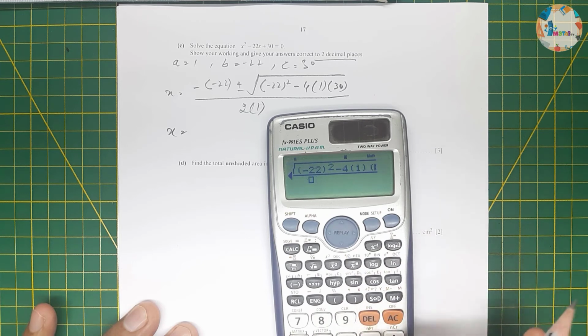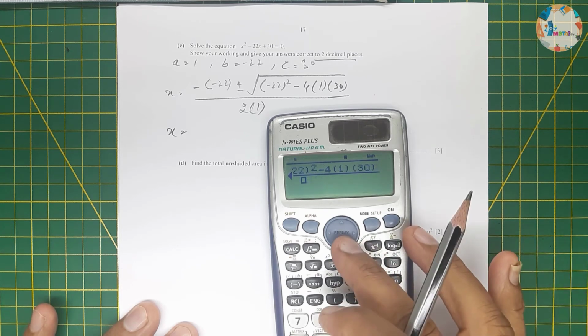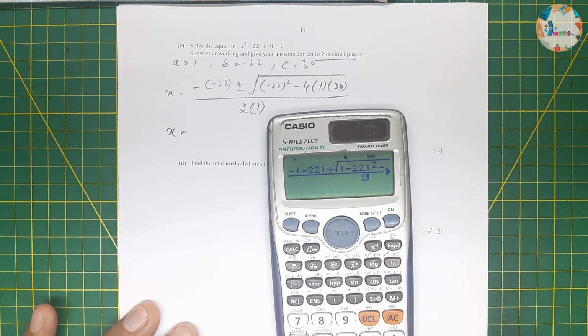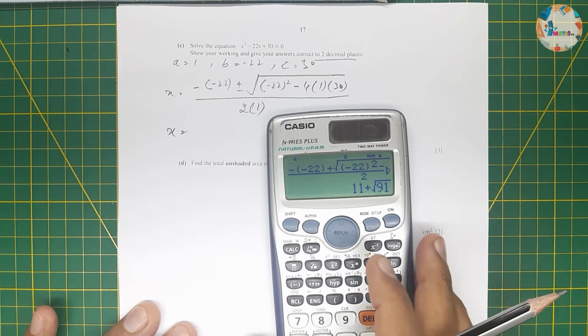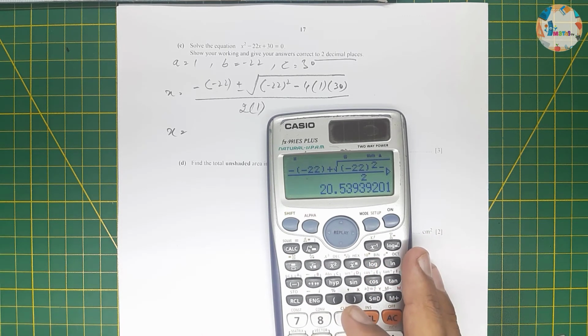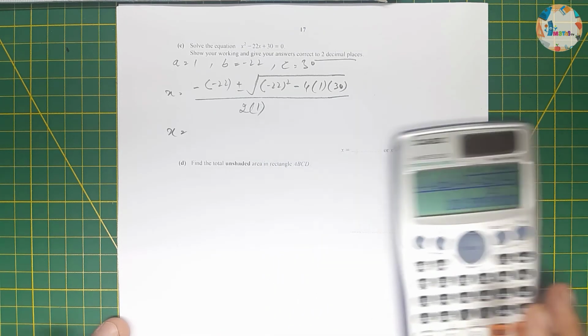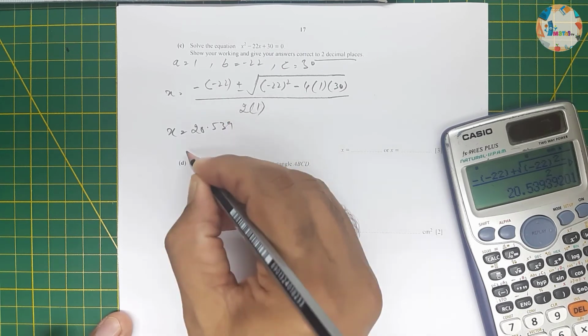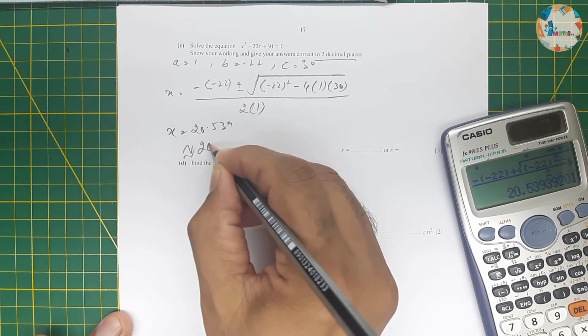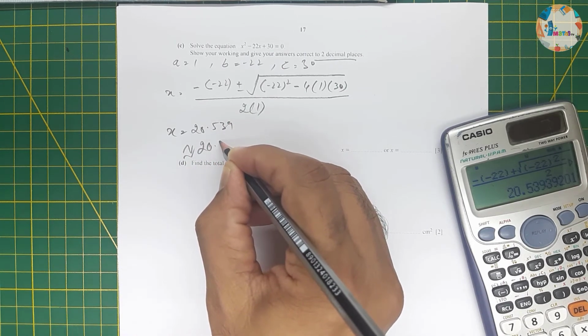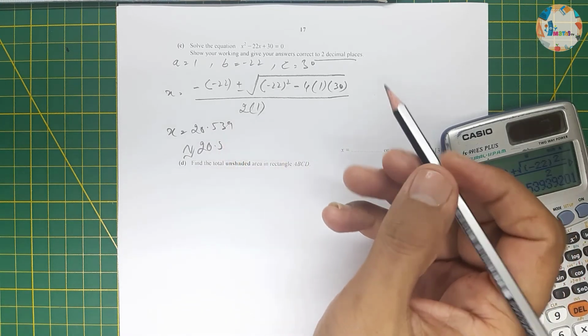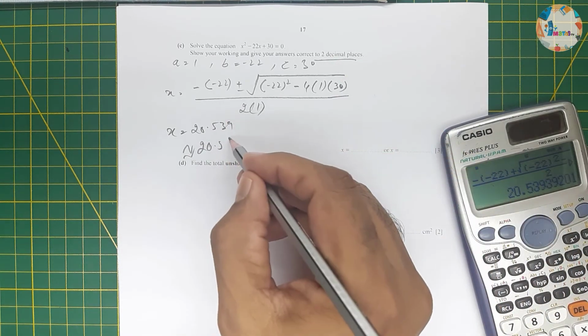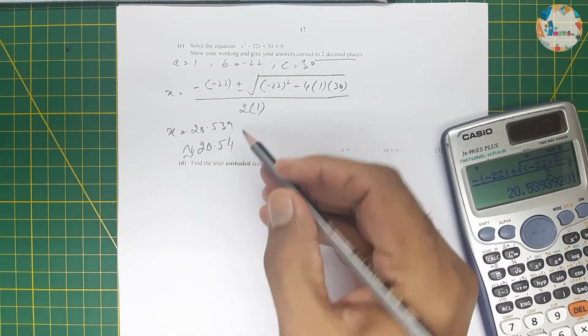Divided by 2, and this will give us the plus value, and the decimal value is 20.539, or approximately equal to 20.54. Basically they are asking for 2 decimal places, so we round this one.